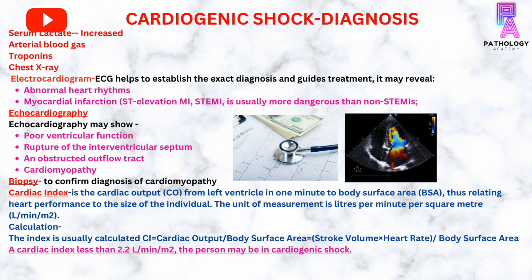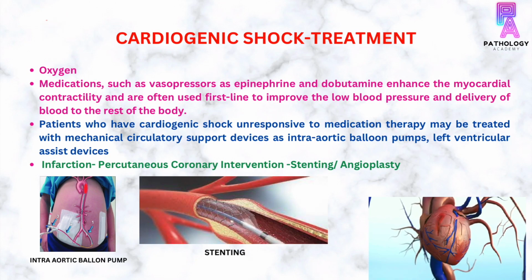A very important test is the echocardiography, which may show poor ventricular function, rupture of the interventricular septum, and obstructed outflow tract or cardiomyopathy. Cardiac biopsy can be done to confirm the diagnosis of cardiomyopathy. In patients with cardiogenic shock, the cardiac index is less than 2.2 liters per minute per square meter of the body surface area.